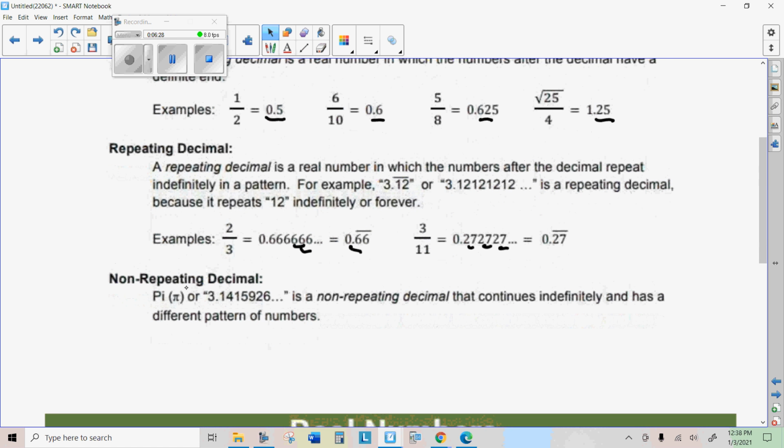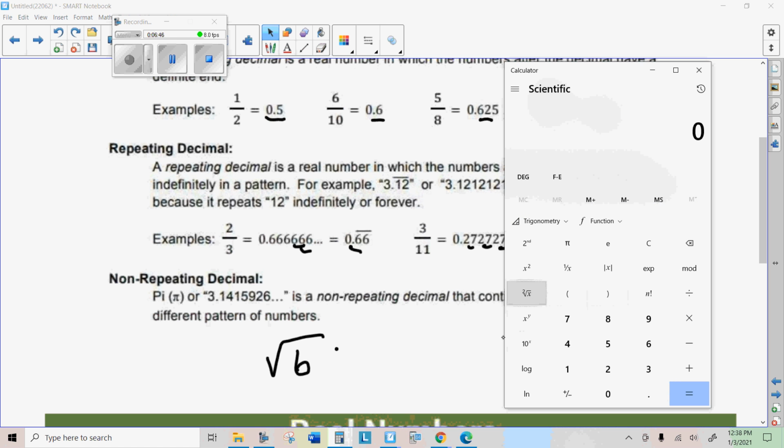Or you can have a non-repeating, non-terminating decimal, like pi, where it just keeps going on forever and ever and there is no pattern in the numbers. They're just random numbers. Another example is the square root of 6. If you check that out on your calculator, notice how the digits are random and they keep on going.